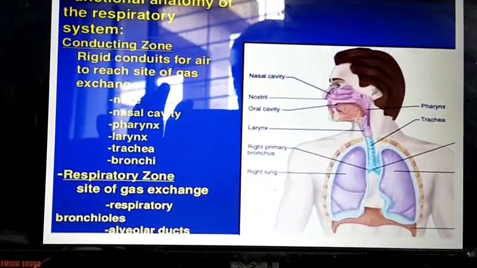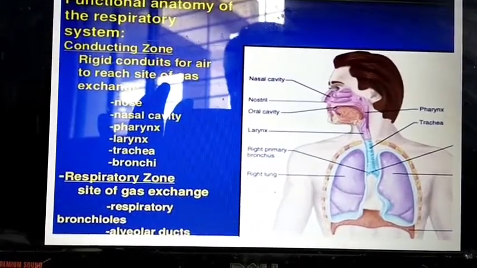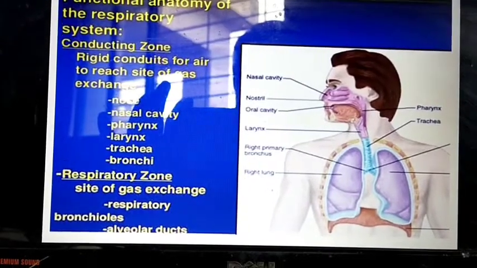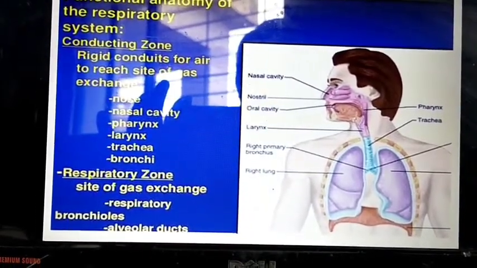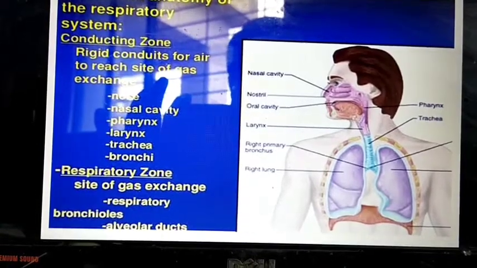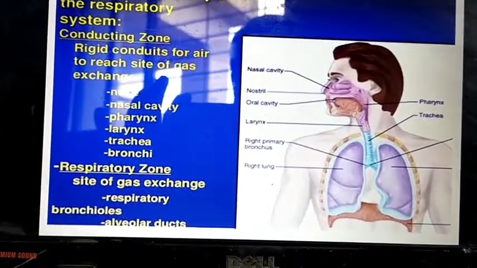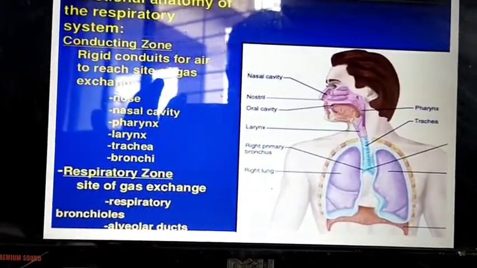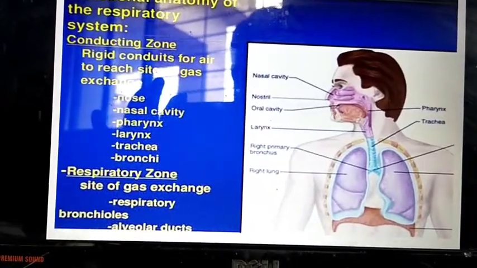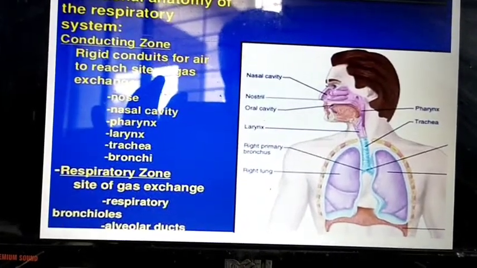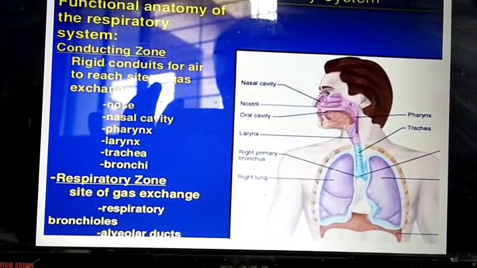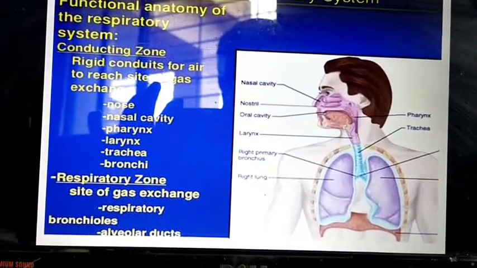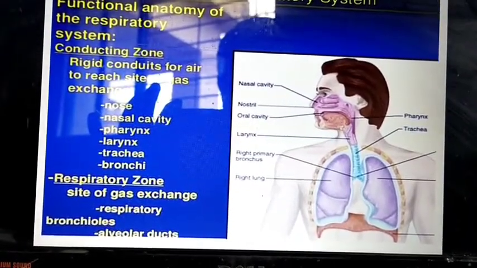The conducting zone provides a rigid conduit for air to reach the site of gas exchange. Its structures are the nose, nasal cavity, pharynx, larynx, trachea, and bronchi.